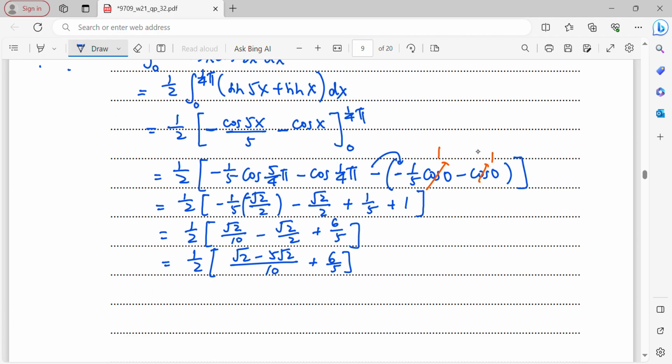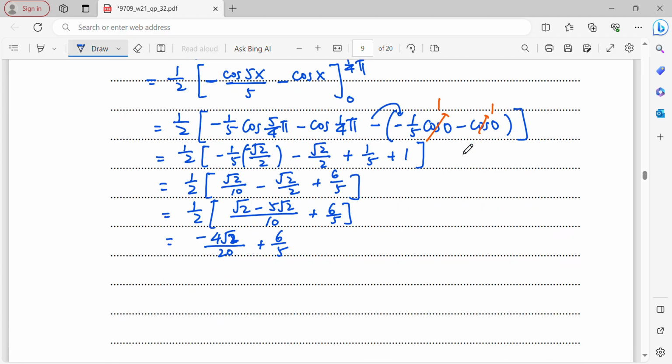Okay, and now bring in the half. I will say it is the numerator 1 square root 2 minus 5 square root 2. I will get negative 4 square root 2, then over 20. Then plus 6 over 5. And then now the 4 over 20 is basically negative square root 2 over 5 plus 6 over 5.